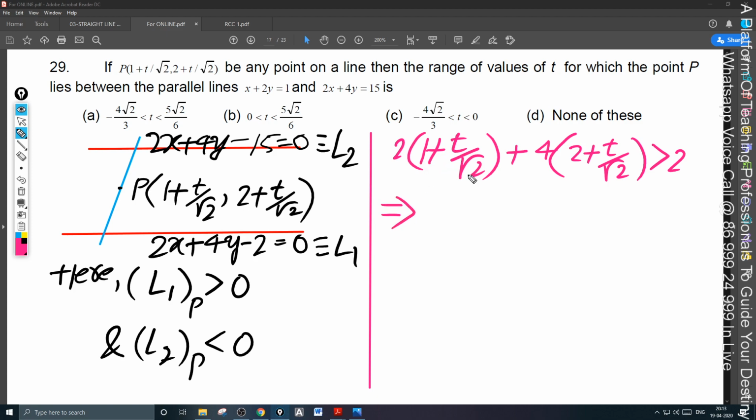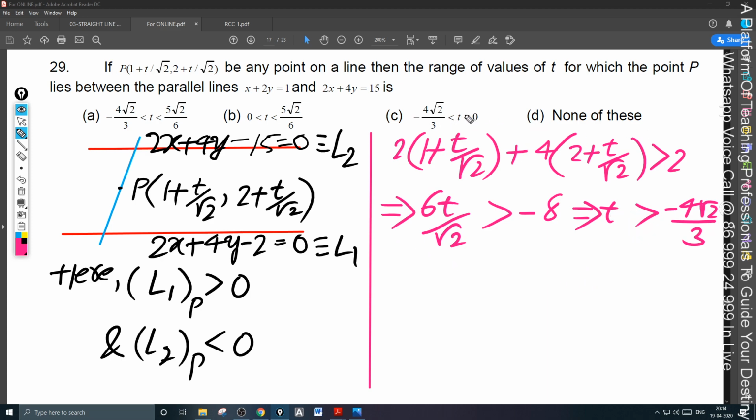This gives 2t by root 2, 4t by root 2, 6t by root 2, should be greater than minus 8, so t must be greater than minus 4 root 2 divided by 3. That's what we have got.